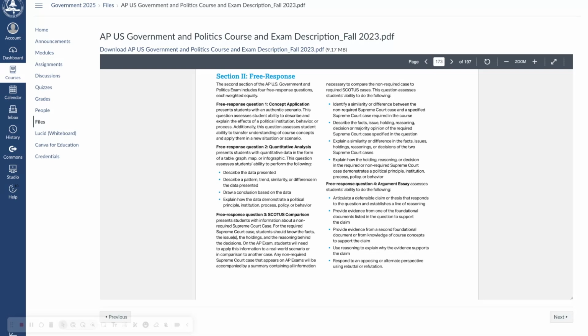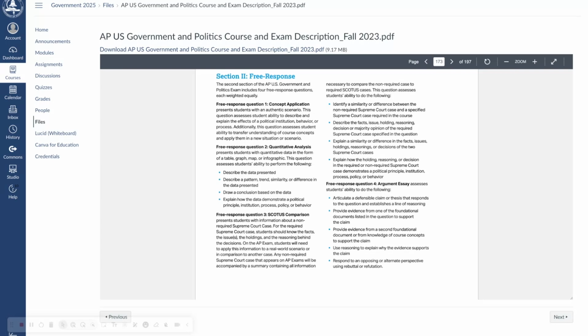The third free response question is a SCOTUS comparison, and once again, SCOTUS connects to Supreme Court cases. For the required Supreme Court cases, there are 14 that we talked about, the big 14, in another YouTube video if you want to know what those are. Students should know the facts, the issues, the holdings, and the reasoning behind the decisions.